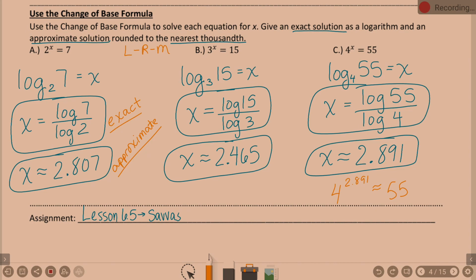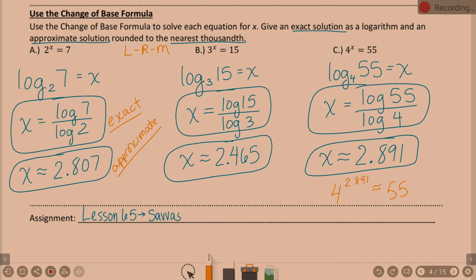So pretty close, yes. And in all honesty, if you take and grab that exact answer, which I don't know if you guys know how to do that. So if I have log of 55 divided by log of 4, okay, that 2.891, that's my previous answer on the calculator, yes? I don't know if you guys know how to grab and use your previous answer. But what I can do is I can do 4 to the, that was my most recent answer, yes?